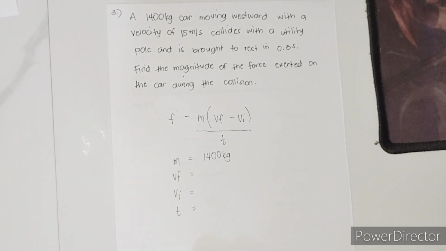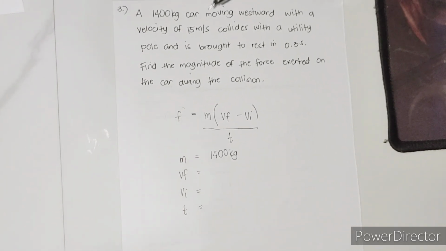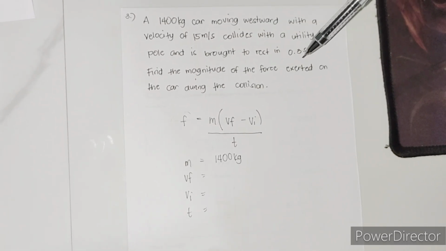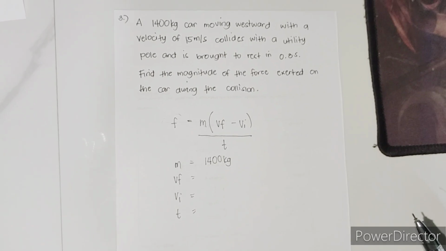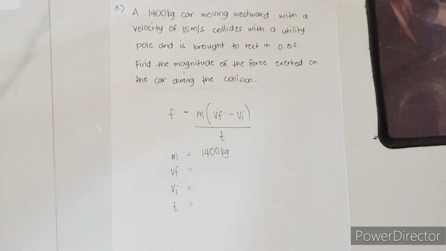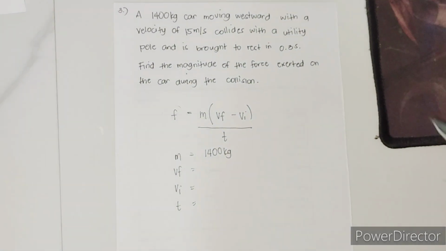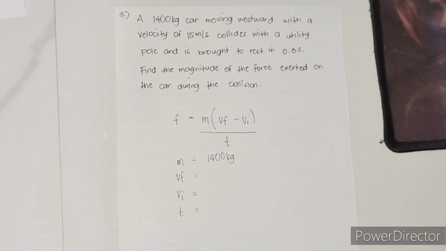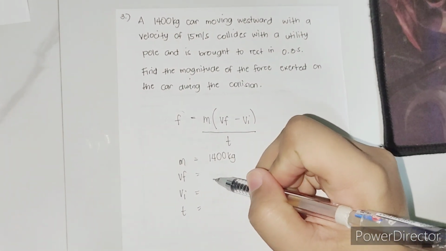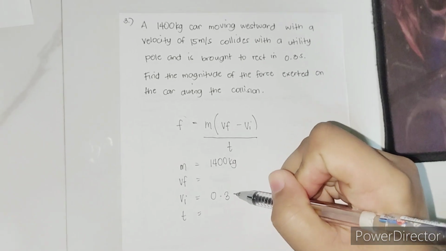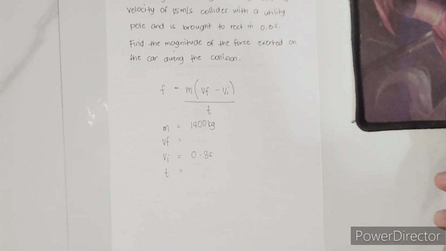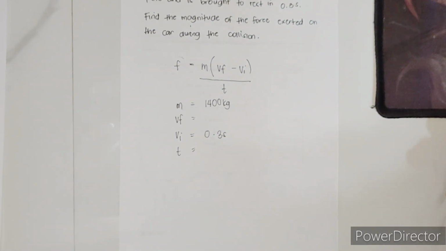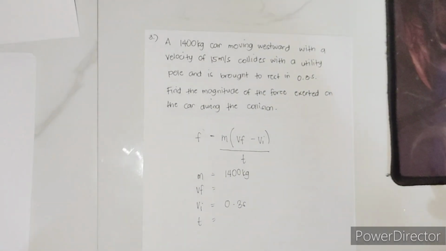Our final velocity is, sabi niya dyan, brought to rest in westward with a velocity of 15 meter per second, collides with a utility pole, is brought to rest in 0.3 seconds. So, ang binigay niya is yung initial velocity, tama? Which is 0.3 seconds. Ay, ang linaw-linaw na seconds yun.